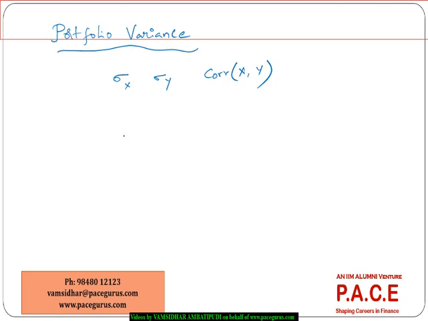So the interesting thing, let me talk about two securities A and B. I'm not going into the proofs and all. Let's say their means are mu A and mu B, and their standard deviations are sigma A and sigma B, and these are following random variables xa and xb.